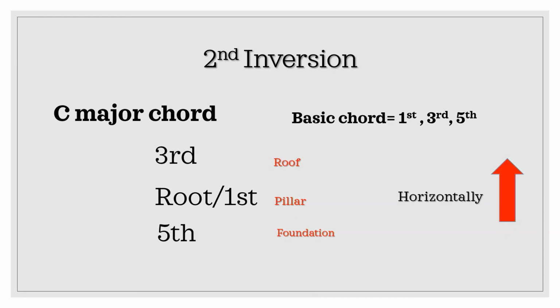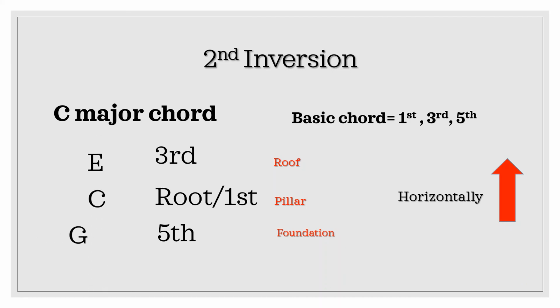So as I laid everything out here, you see when we're building the house, the foundation never moved, the pillar never moved, nor the roof. But the numbers were reshuffled to suit this type of house, which is the second inversion house. So we have the fifth now acting as the foundation. The first, or the root, is acting as the pillar, and the third is now acting as the roof.